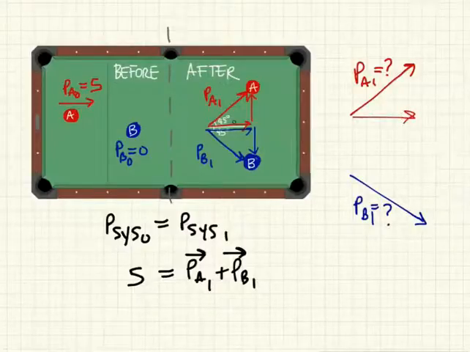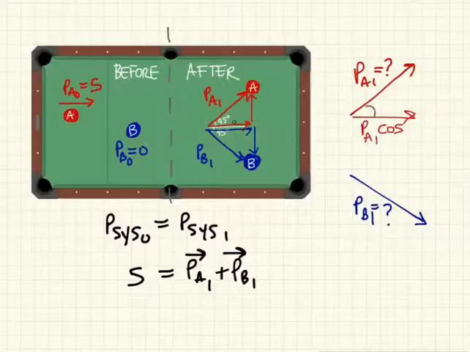With our 45 degree angle, we know that this is going to be the momentum of A after the collision, which is our hypotenuse, times the cosine of 45, because it's touching this angle right here.